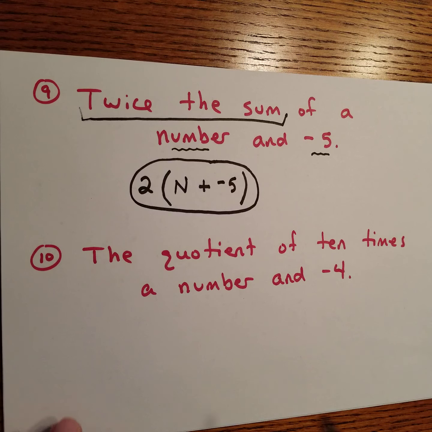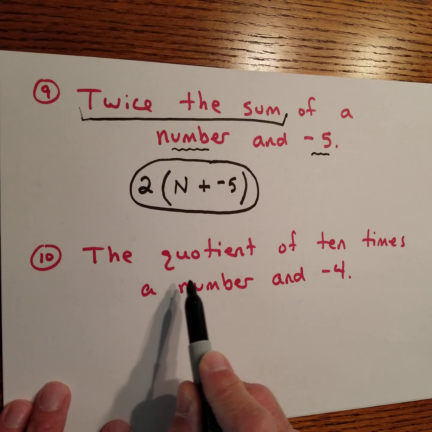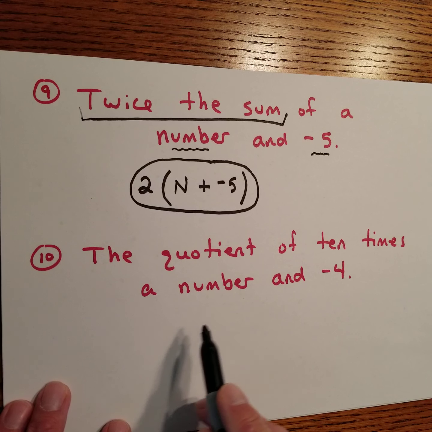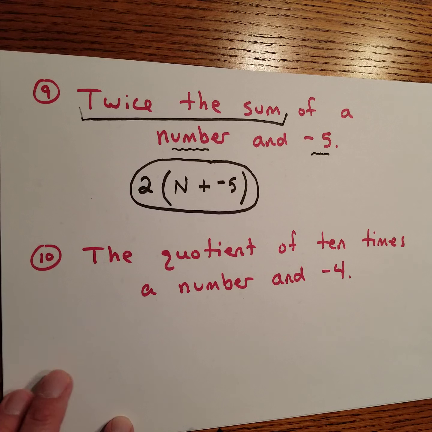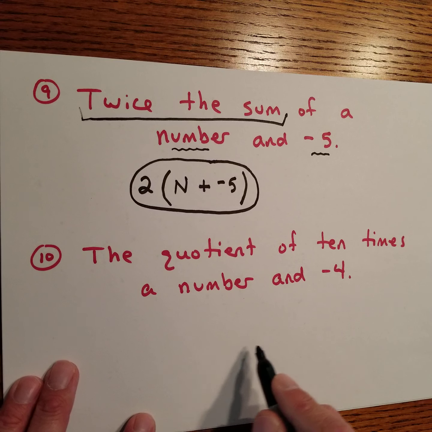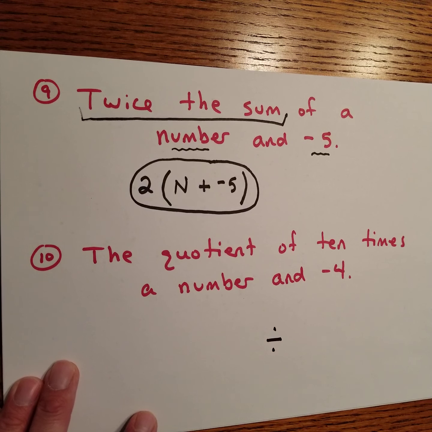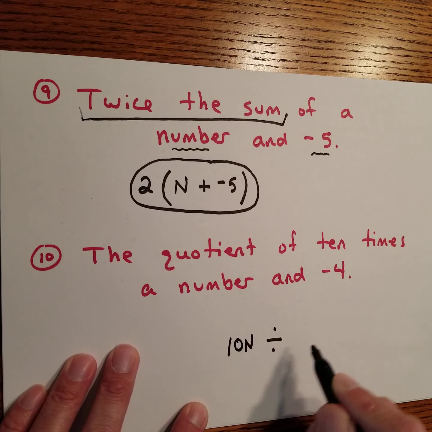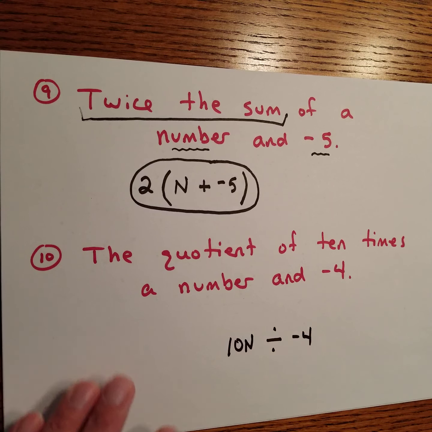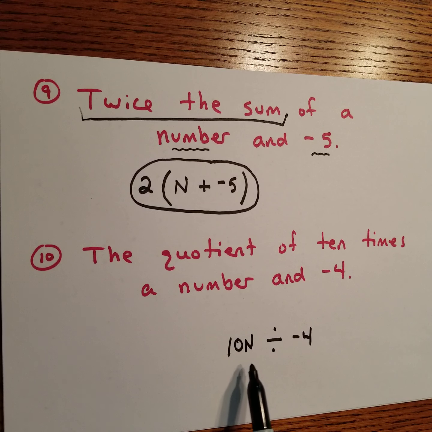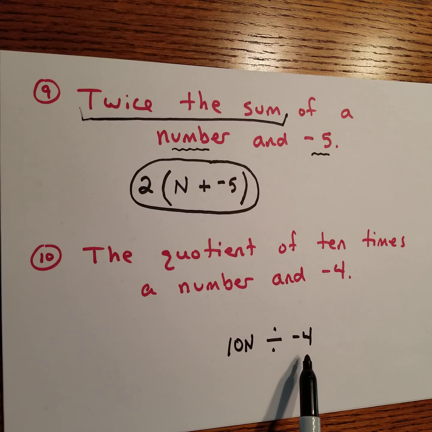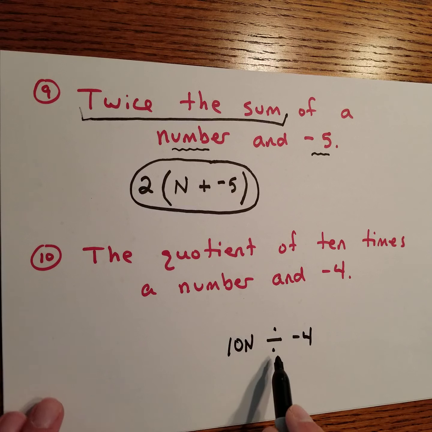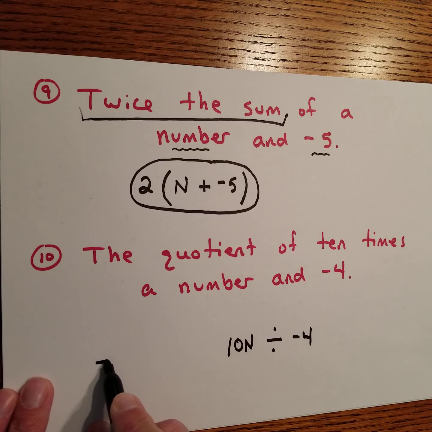Number 10. Read carefully. The quotient of 10 times a number and -4. Quotient means divide. I want to divide 10 times a number and negative 4. But in algebra, we like to write divide as a fraction bar.